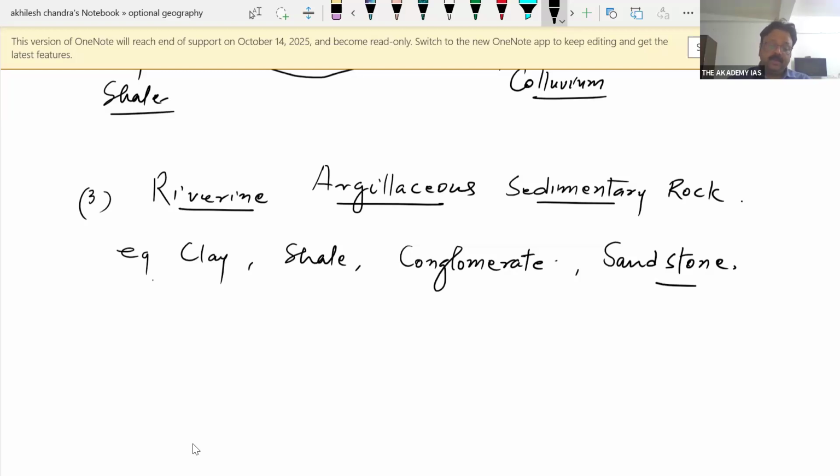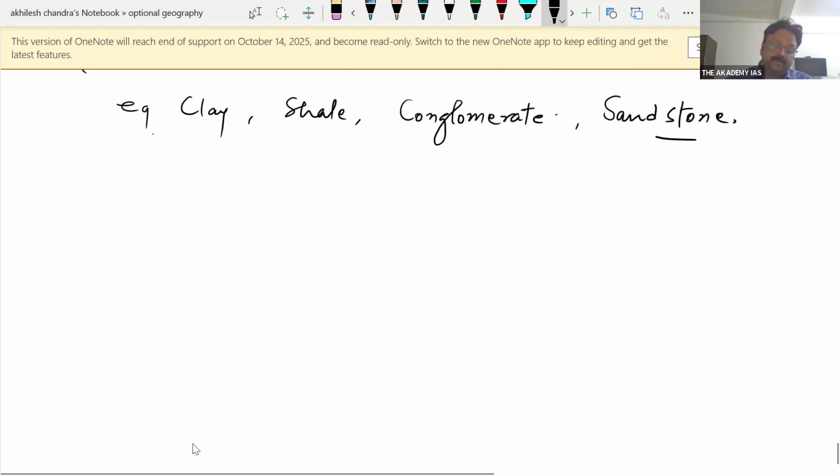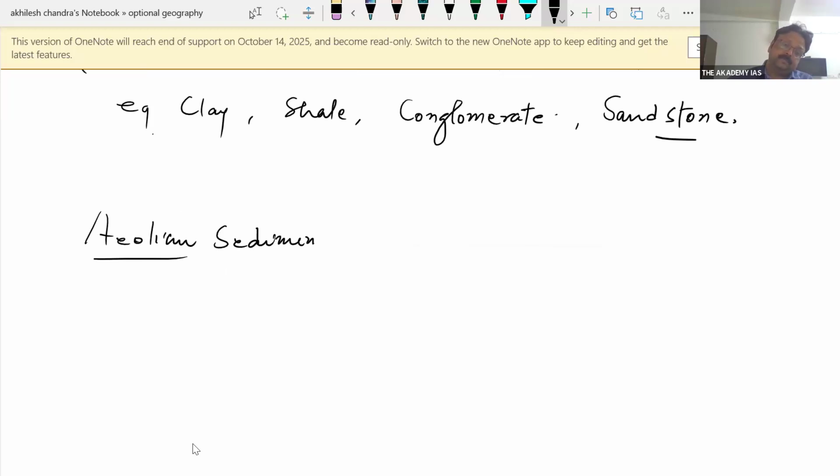Then we have aeolian sedimentary rock. Here the loess deposition takes place.